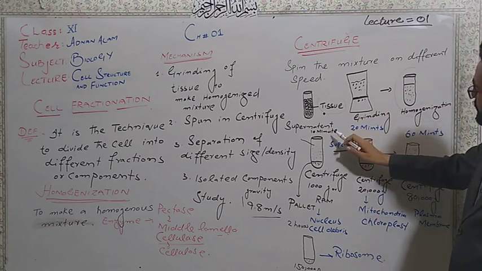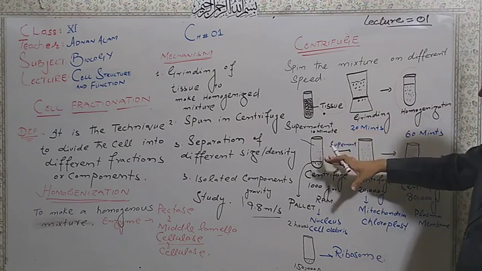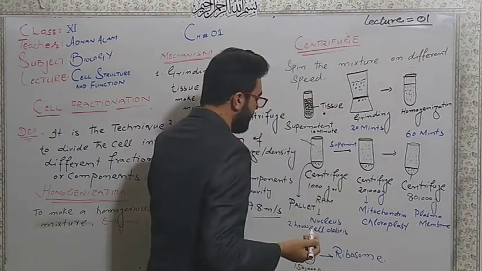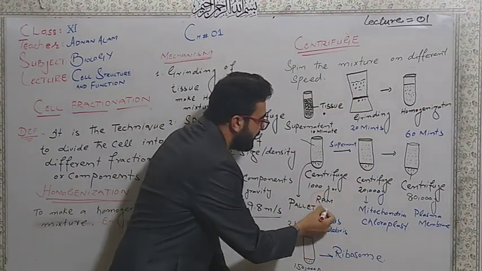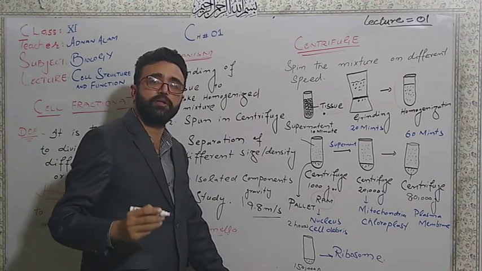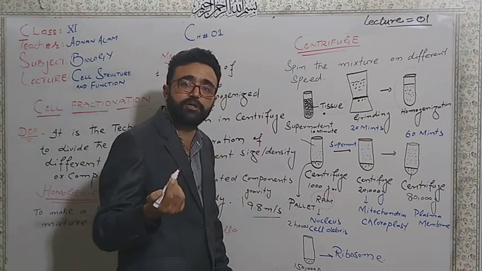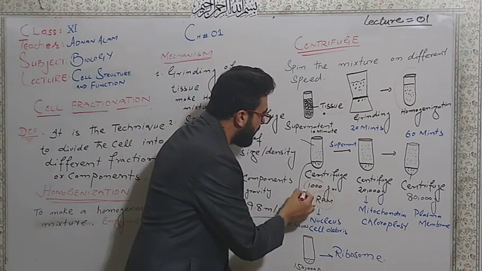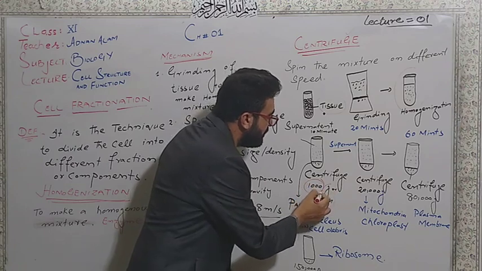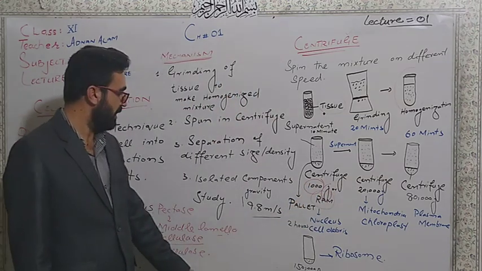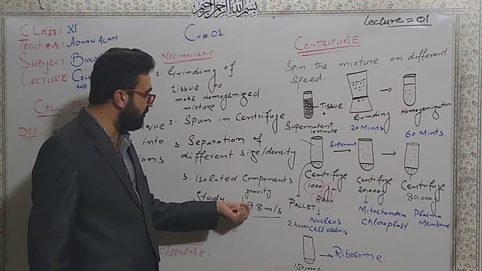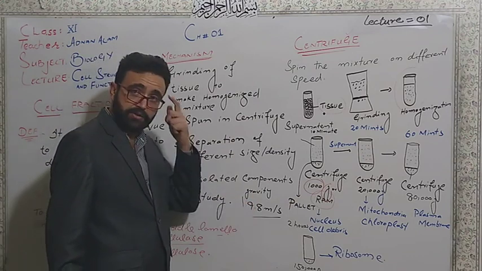My dear students, the speed of the centrifuge machine is usually calculated in RPM, revolutions per minute, and G, gravity. And the gravity value is 9.8.